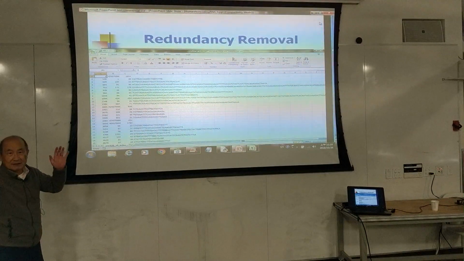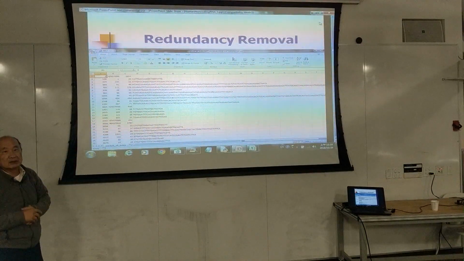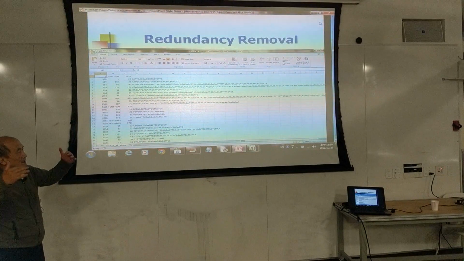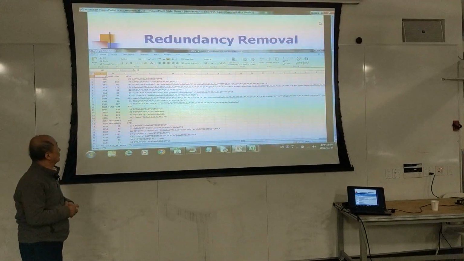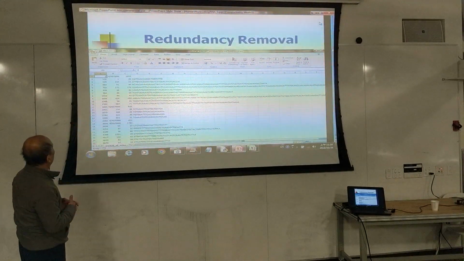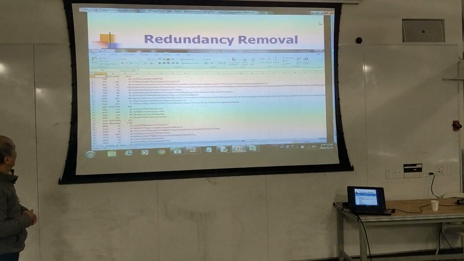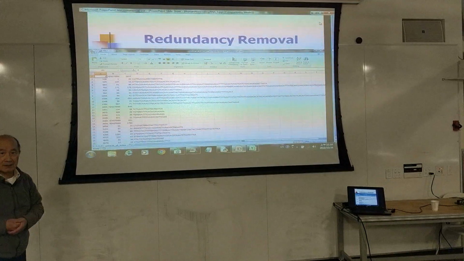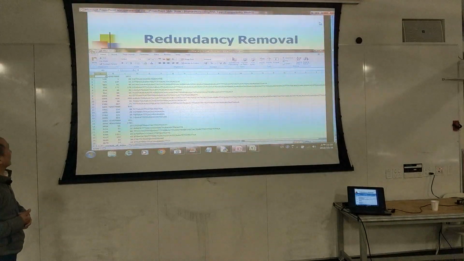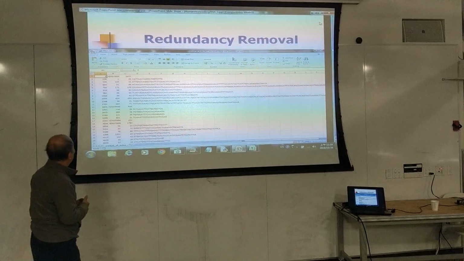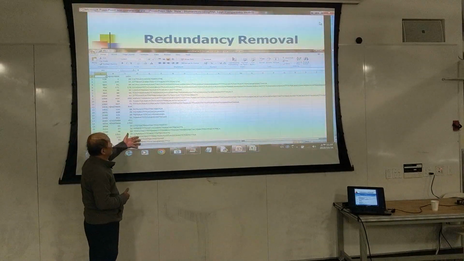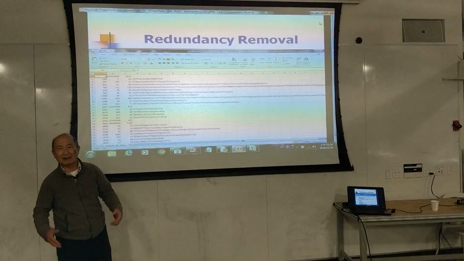Once these repeats are removed, you can see the per list cleaned up quite a bit. So they are short lists, and these are what I feel are coded in the long non-coding RNA.